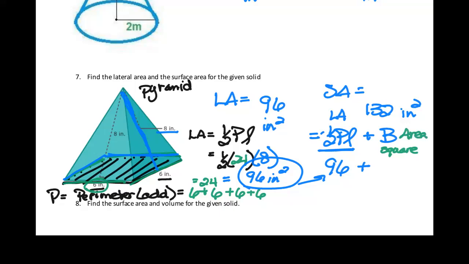You're going to have to multiply here and use the numbers at that base, which is 6 times 6. So 6 times 6, that is the area of your square. So 96 plus 36 should give you 132 inches squared.